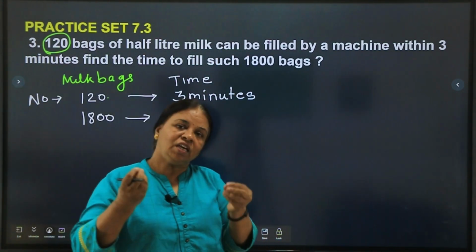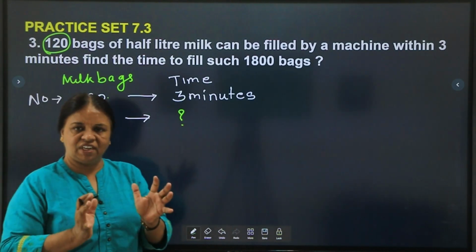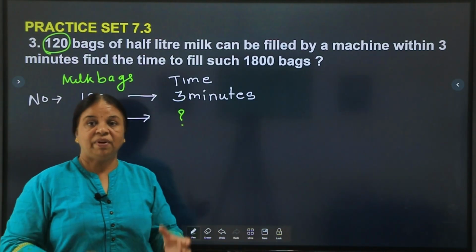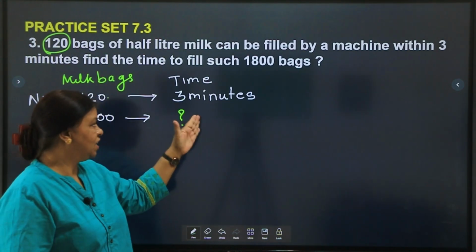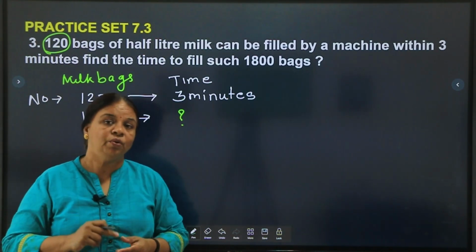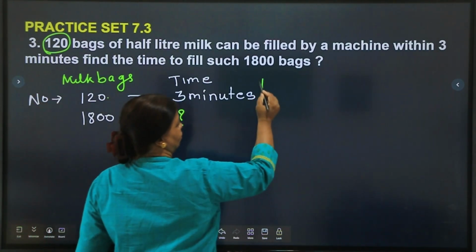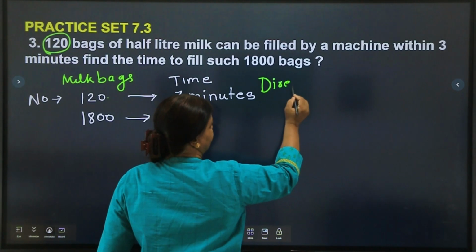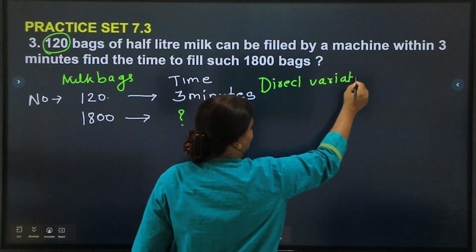Okay. Now here you understand, see, if 120 bags are to be filled, it will take less time. But if 1800 bags, more bags, then naturally it will take more time. So this is nothing but a direct variation. Which variation? Direct variation.